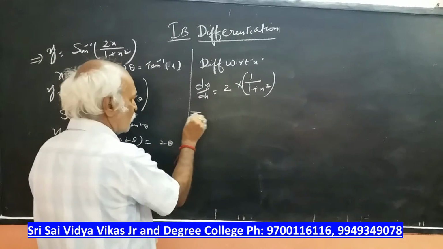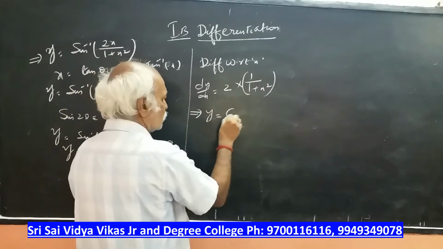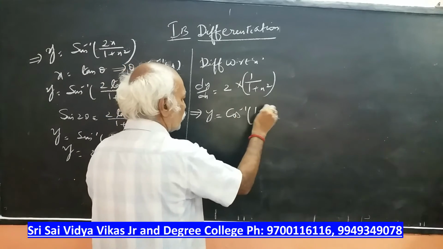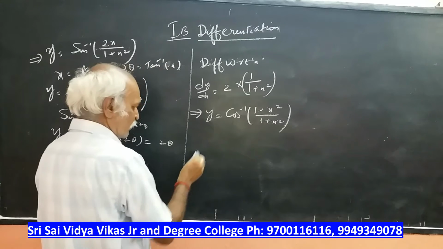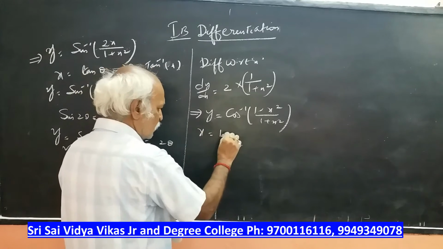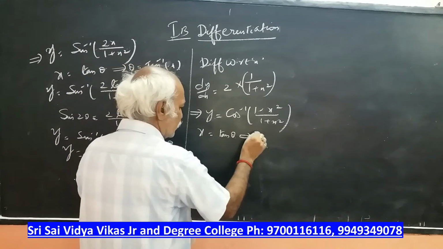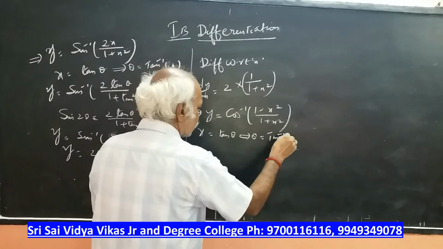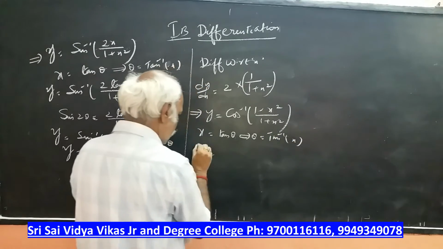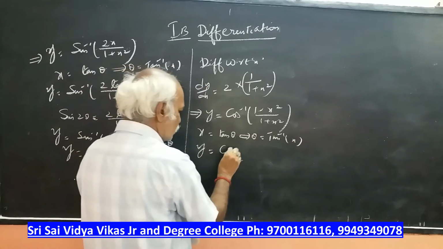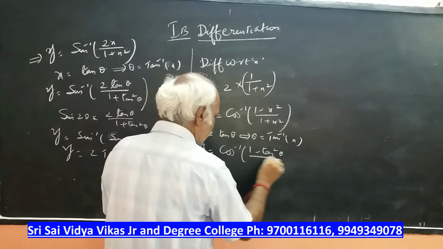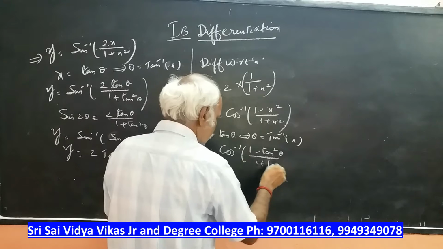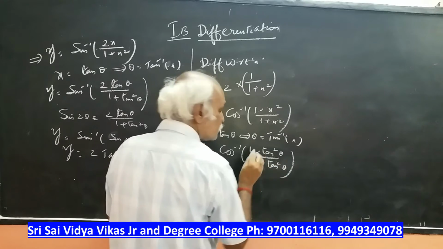Second one, y is equal to cos inverse of (1 minus x square) by (1 plus x square). Again put x is equal to tan theta. From this, theta is equal to tan inverse x. So y is equal to cos inverse of 1 minus tan square theta by 1 plus tan square theta.